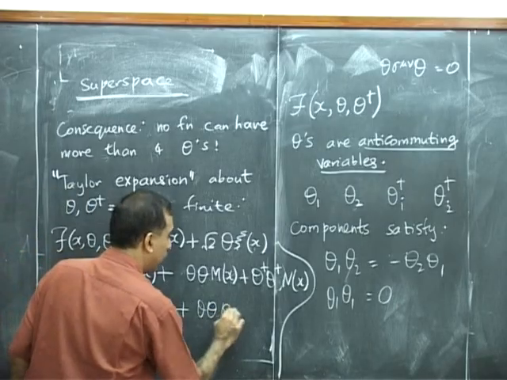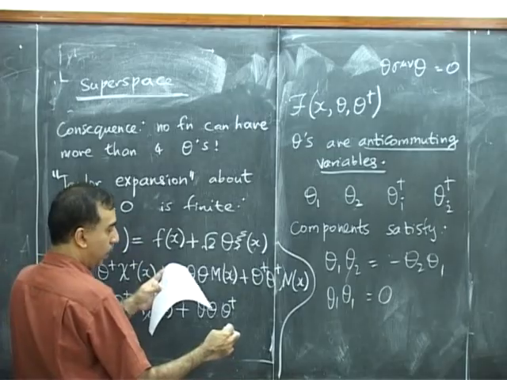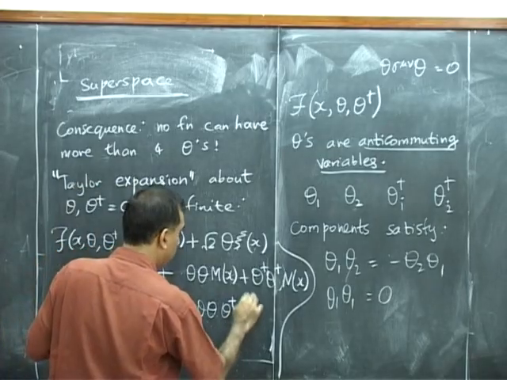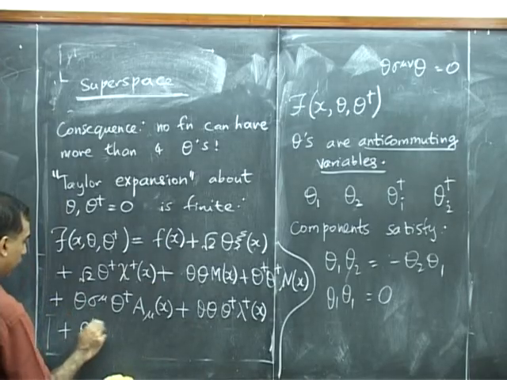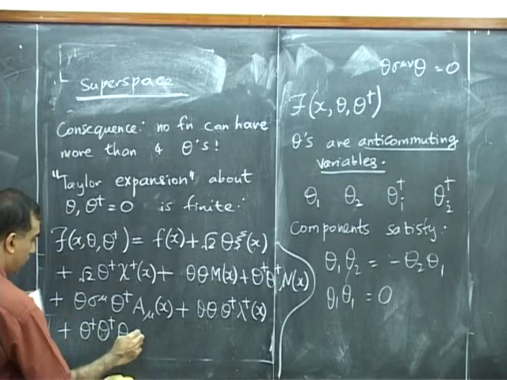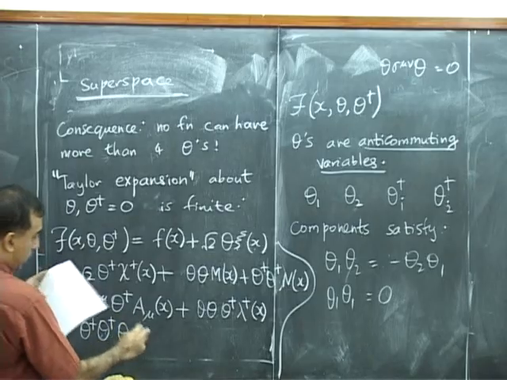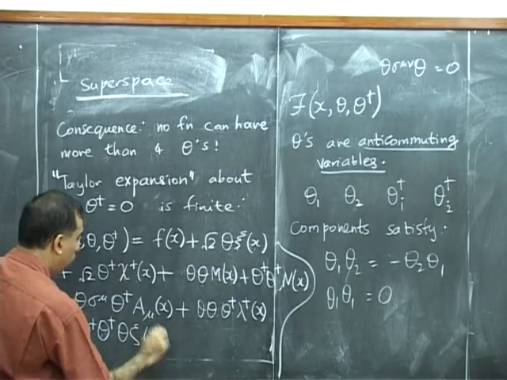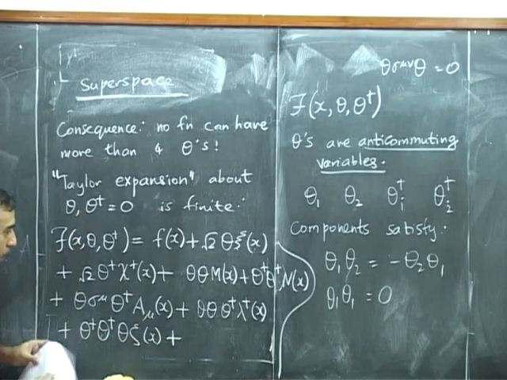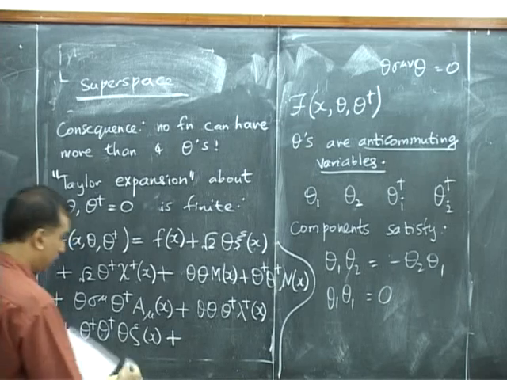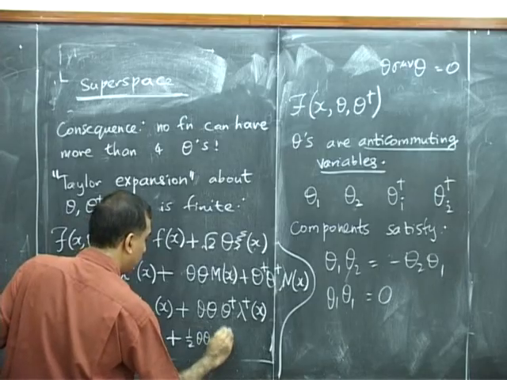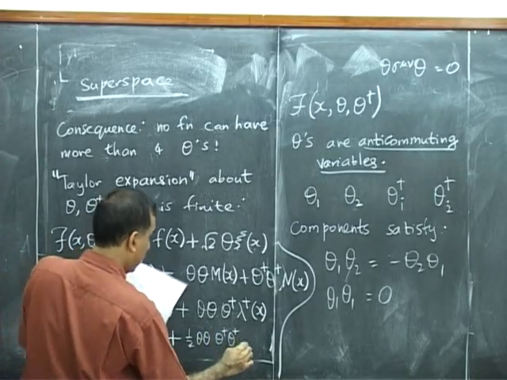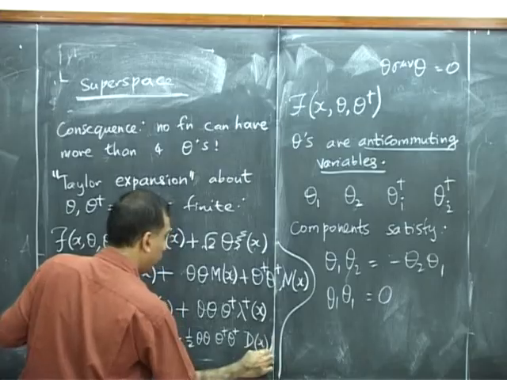So the next thing has to be theta dagger, and we'll multiply it by a spinor field, we'll call it lambda dagger of x. And then we have a term with the complex conjugate structure. For some reason these terms don't have any root 2. And finally, the last term has all the thetas once and for all. So by convention it's a half theta theta theta dagger theta dagger d of x.